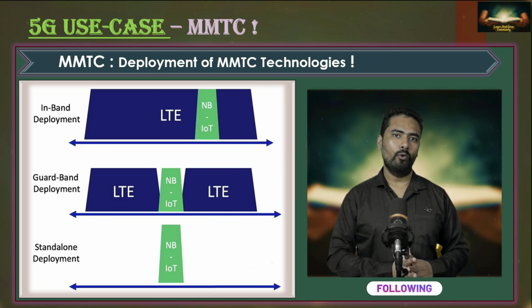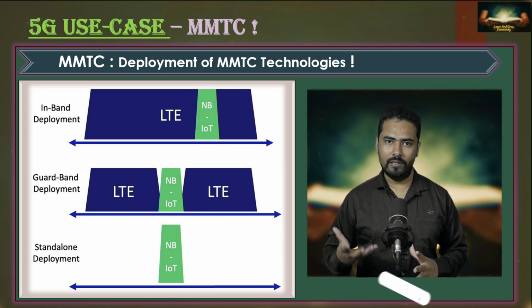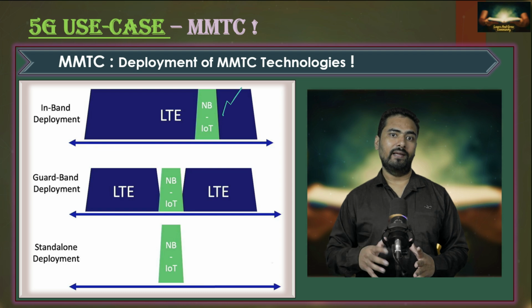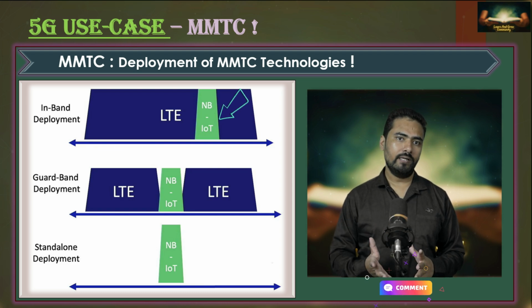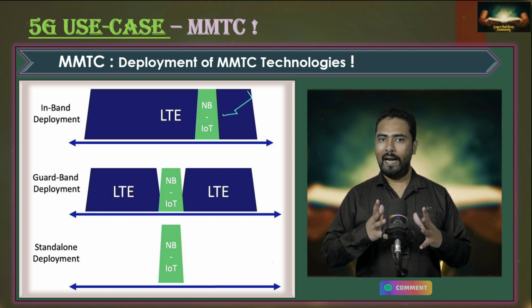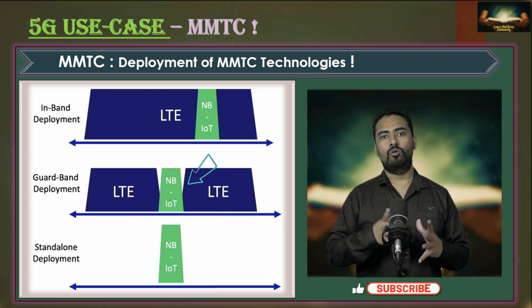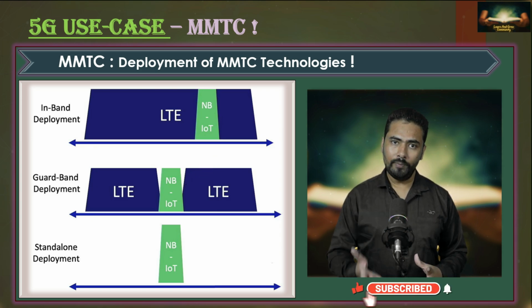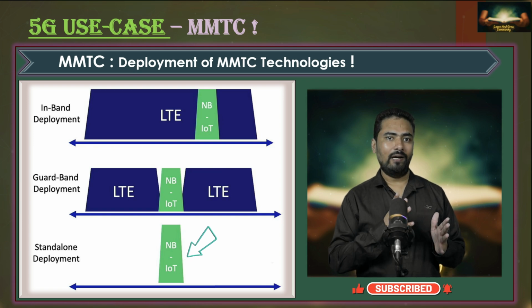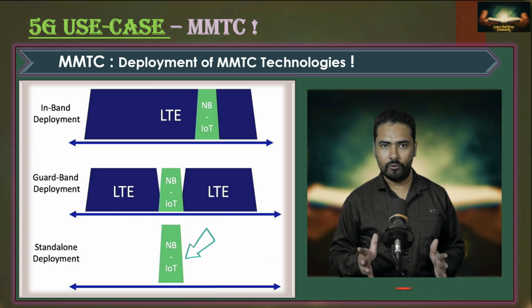However, narrowband IoT supports even more flexible deployment. First, just like eMTC, it can be multiplexed into the LTE carrier. Additionally, it can be deployed standalone in the guard band between two carriers. It can also be deployed as a completely standalone system with a dedicated spectrum.